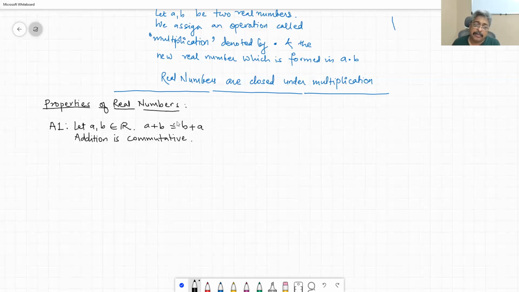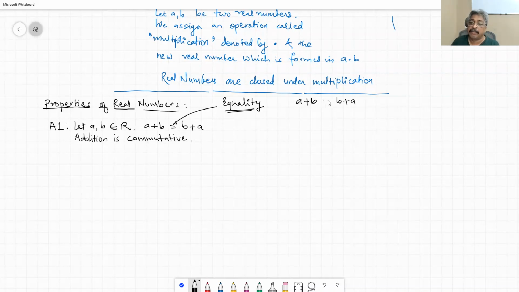But what we need to focus on here is equality. What do we mean by two real numbers are equal? We mean they are the same, but their names can be different. So in this case, one real number is named A plus B and another is named B plus A. The real number whose name is A plus B, its other name is B plus A. If this situation happens, then it is equality.